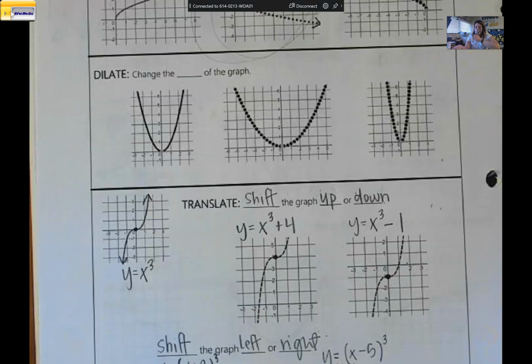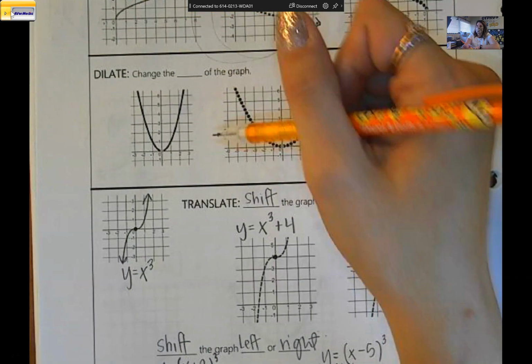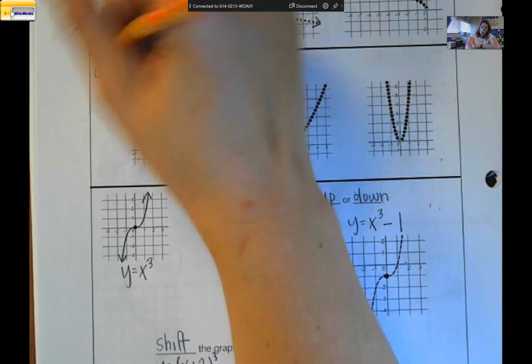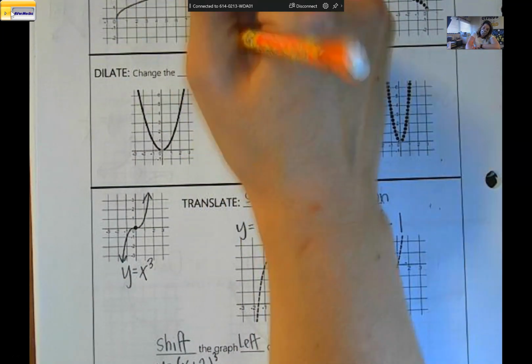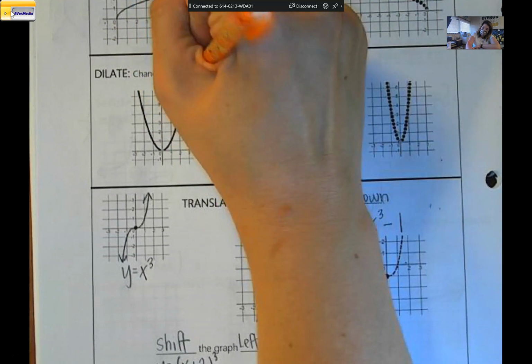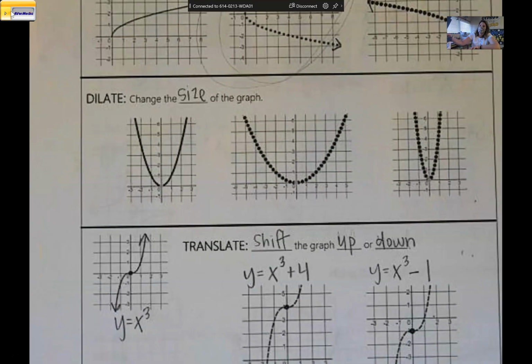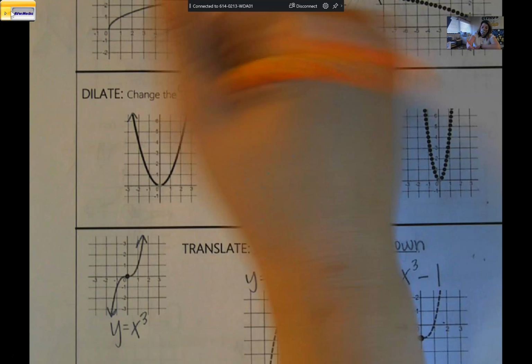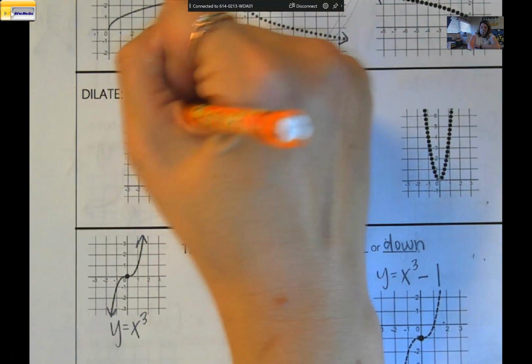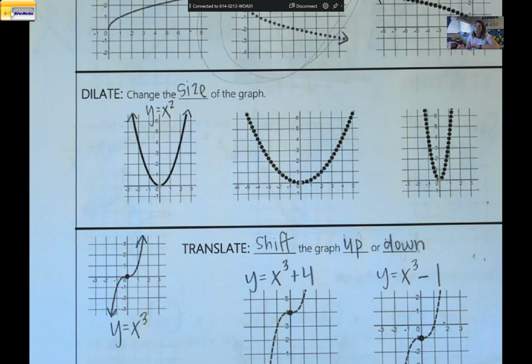So the only one that I've left off is the change in size. So when you dilate something, you change the size of the graph. So this first one is our regular quadratic, y equals x squared.